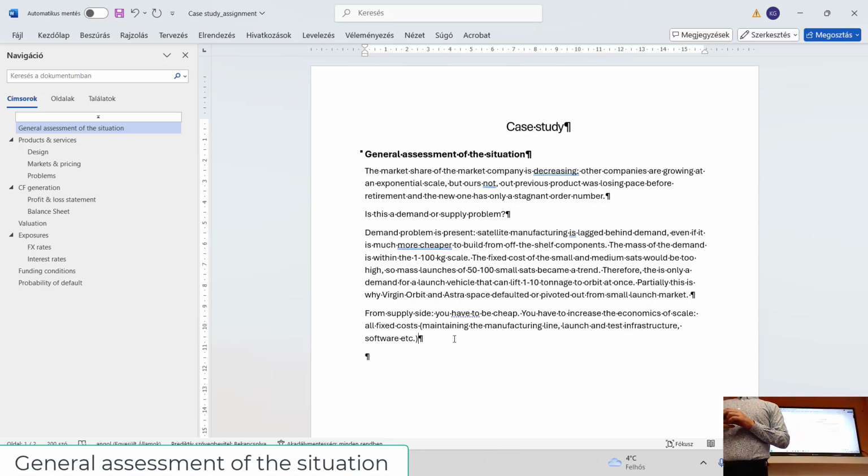Last week Peter Beck had a really good presentation at one online symposium. I will put the link in the post space, and he was practically saying the same thing, that fixed costs will be there. So that's why you have to launch a lot, because you have enormous fixed costs. The problem is that this industry requires the maintenance of a lot of 3D printers, CNC machines, and all the things which you need to build fancy things.